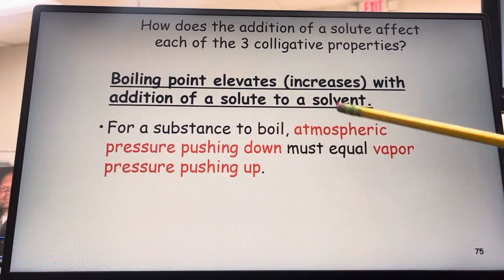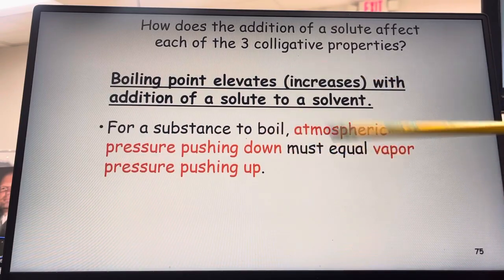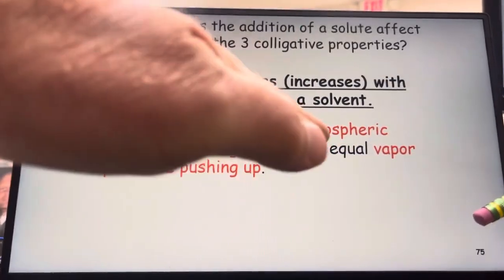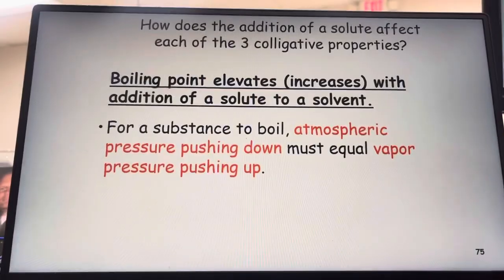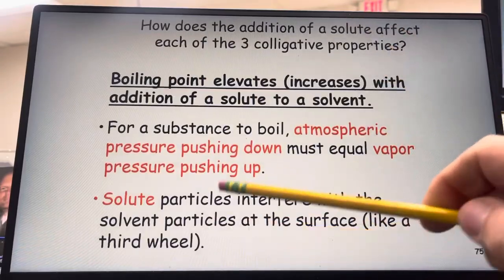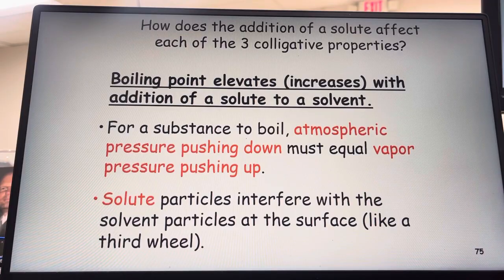So for a substance to boil, remember the atmospheric pressure pushing down must equal the vapor pressure pushing up. So if I put solute particles in there, they're going to interfere, mess with the solvent particles at the surface, like that third wheel we talked about.